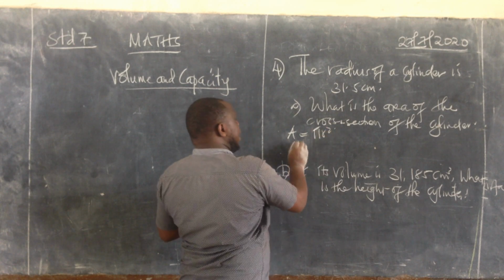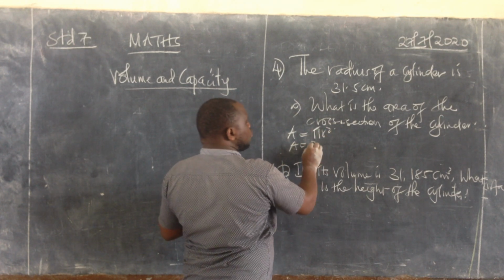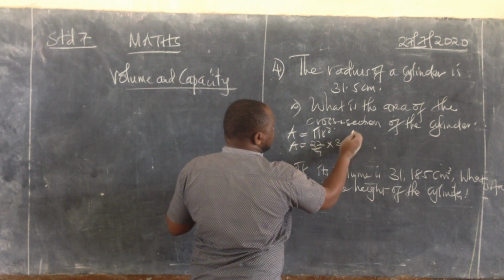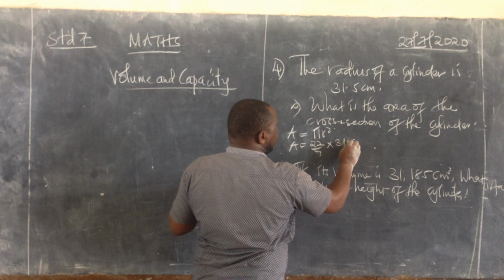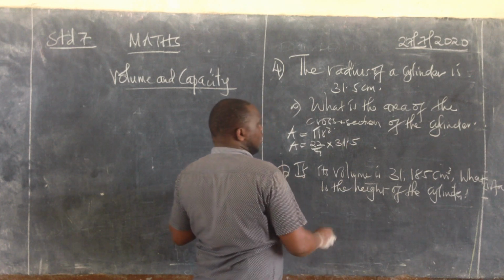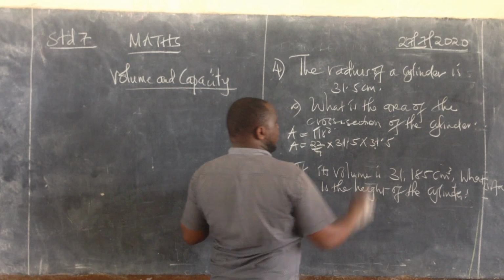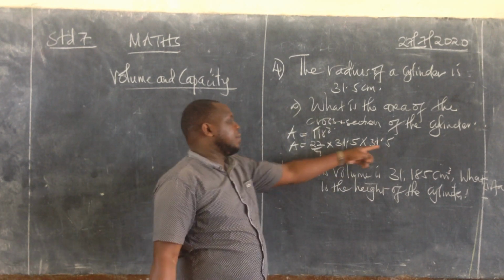And therefore, our area is going to be 22/7 times the radius 31.5 squared, radius times radius.